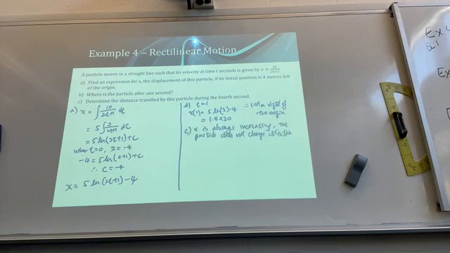Now, determine the distance traveled by the particle during the 4 seconds. Why did I say that x is always increasing? The particle does not change direction. Why did I make that statement?